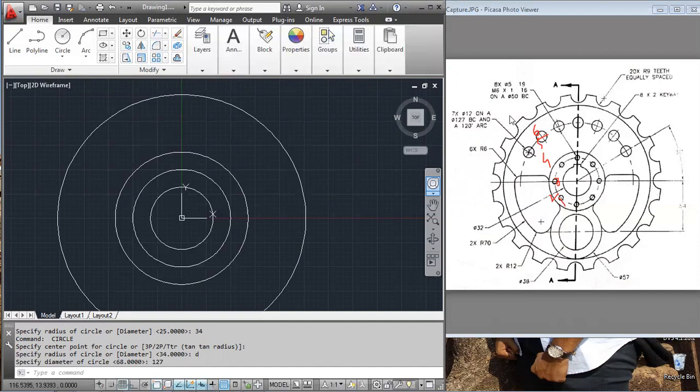Let me know if you find the dimensions. Okay, so this is 38, this is 27, this is 54.